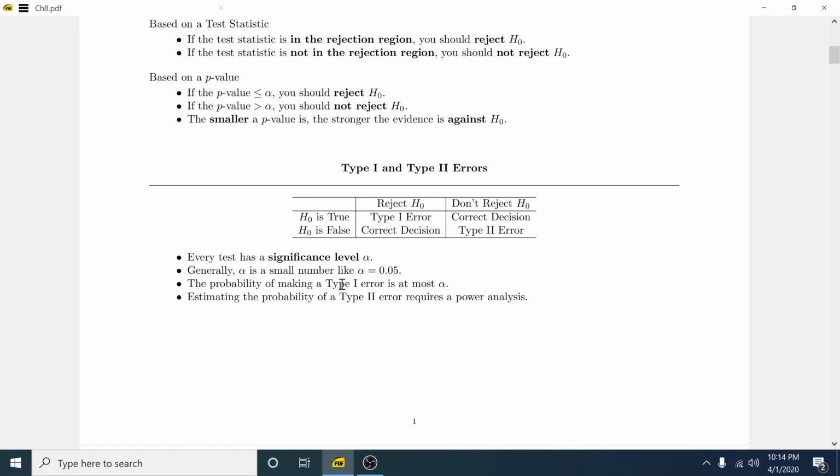And the answer is the following. If H naught is false, you can't make a type 1 error, right? The only way you can make a type 1 error is if H naught is true and you reject H naught. That's how a type 1 error occurs. So if H naught is false, you can't make a type 1 error. That means the probability of a type 1 error in that situation is 0. However, if H naught is true, you can make a type 1 error.